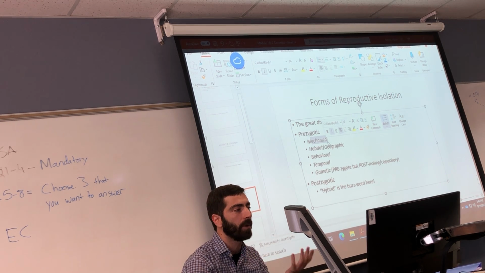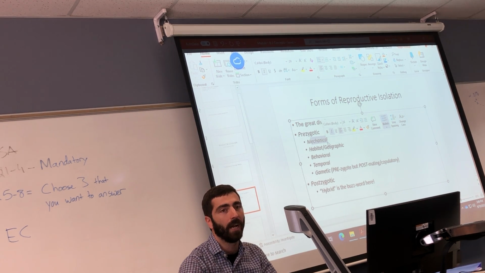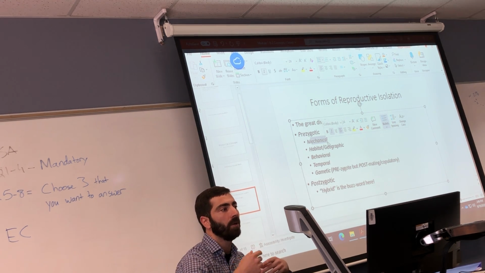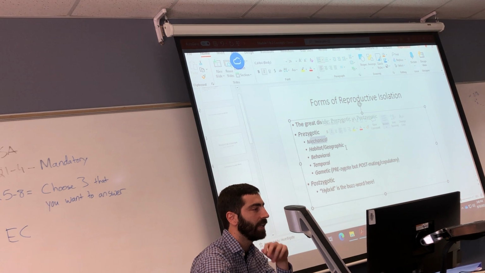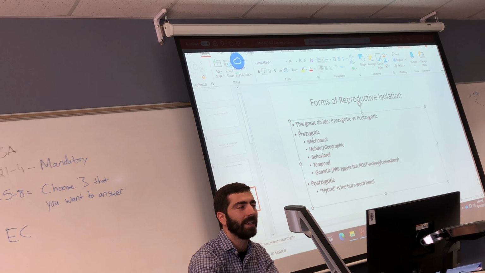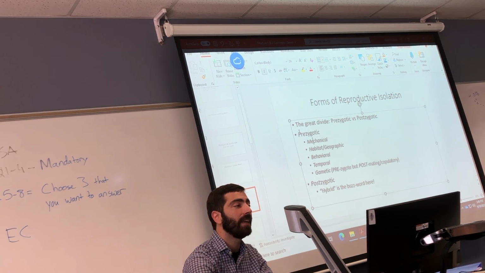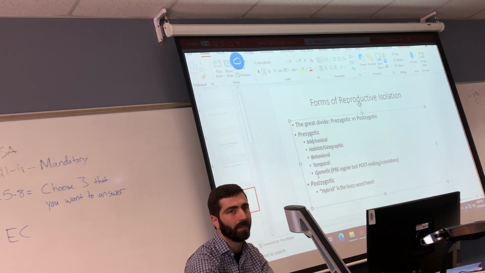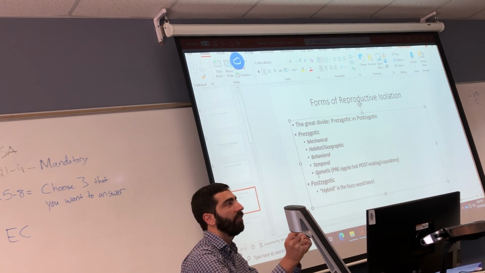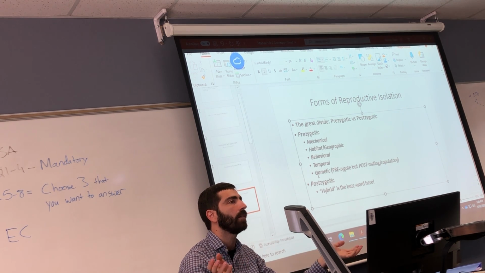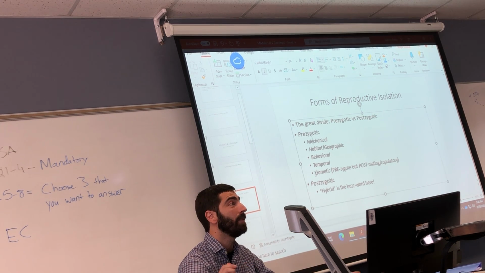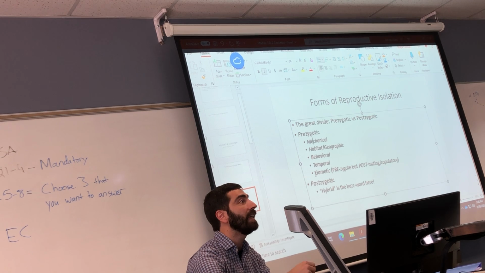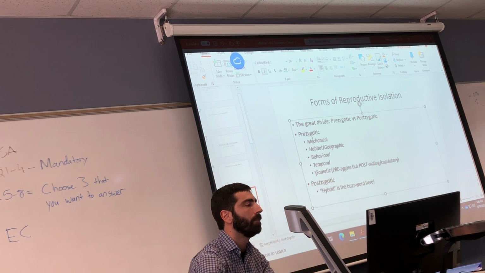Due to anatomical or physiological reasons, they mate, so we would call this post-copulatory, but they never form the zygote at the end. So we call these instances mechanical and gametic forms of isolation. They're related to each other, but a little different. Mechanical would be anatomical differences keep them from being able to mate. Gametic is they can even inseminate, but it'll never form a zygote.